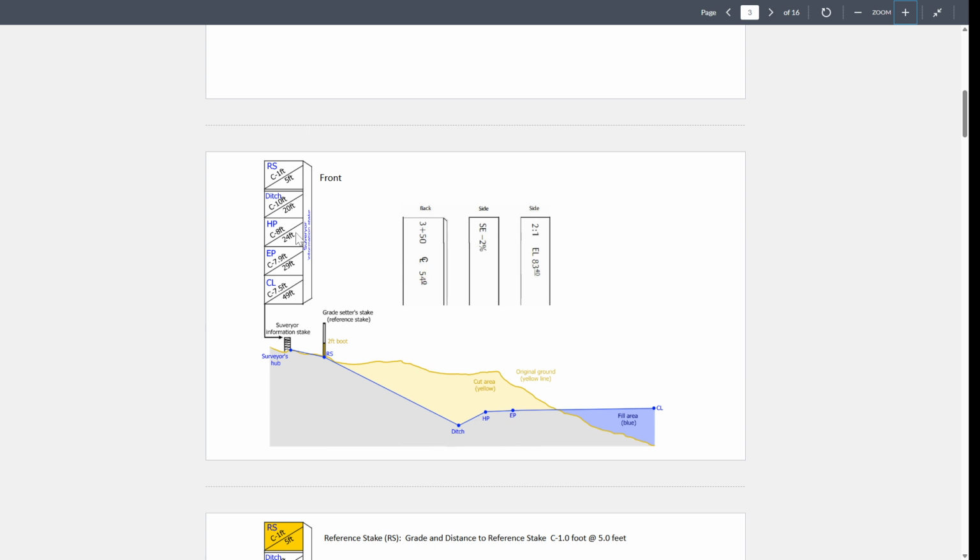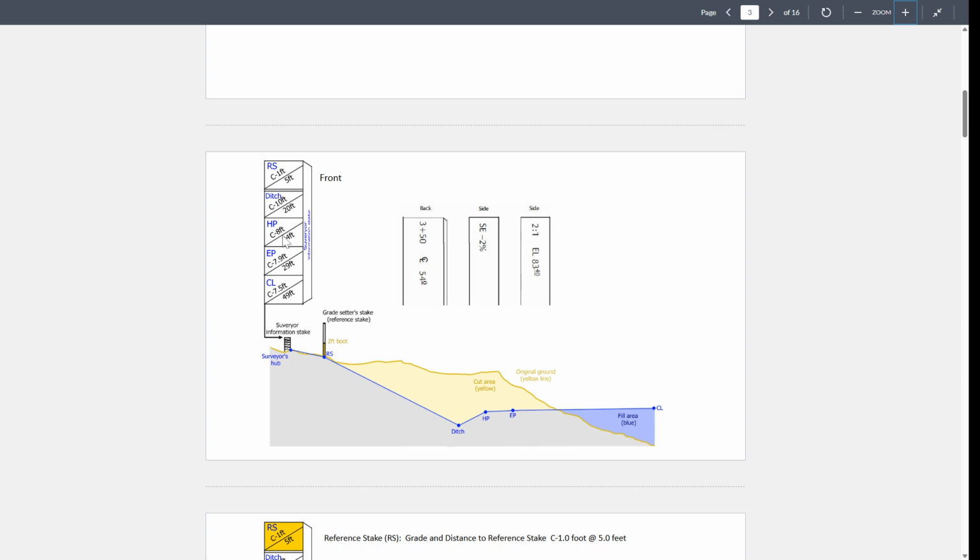So if you're familiar with slope staking, which some of you perhaps are, you would take the vertical dimension of 8 feet and the horizontal dimension. Let me point to this so you know where this is coming from. So to get to the cut, this is the ditch.